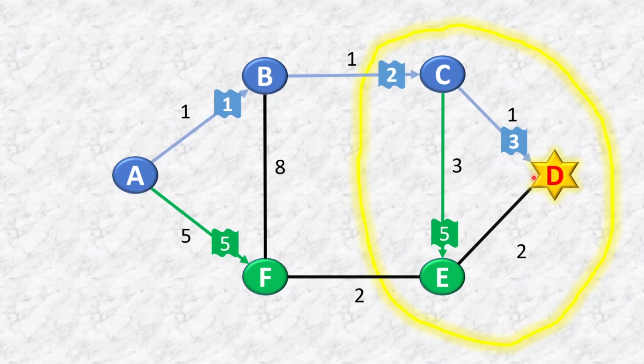So there's D, and the one neighbor happens to be C. C is already part of the network, so that is useless. But E is a neighbor, and yes, it's already a candidate, but who knows, we may have found a cheaper cost for it. So let's add that line to see how much it costs.